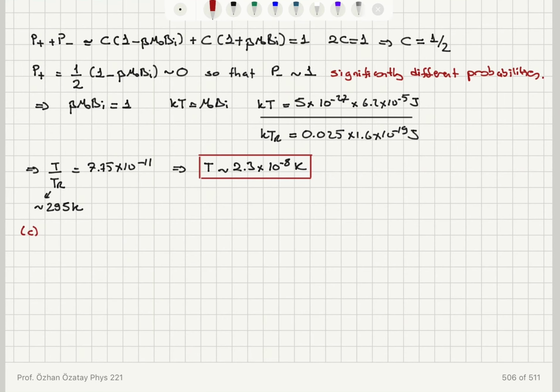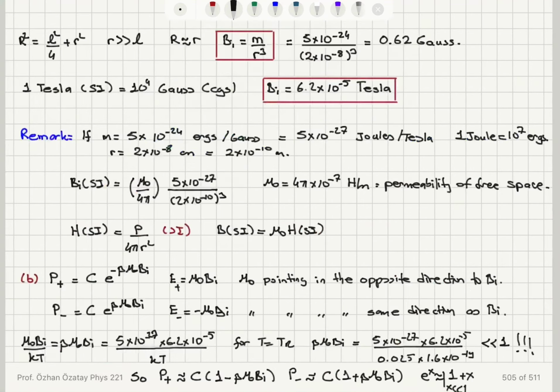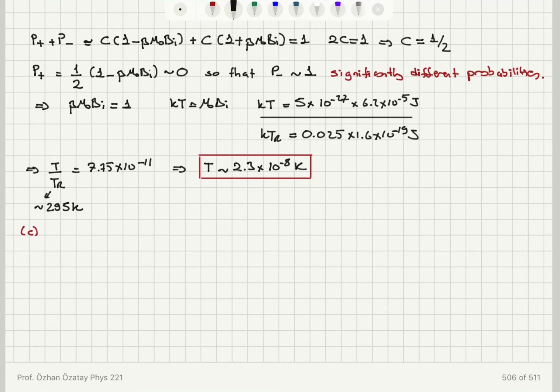That is the conclusion. So part C: estimate numerically the magnitude of the absolute temperature below which an appreciably non-random orientation might be expected. So how do I interpret appreciably non-random? Well, if it's a random orientation, the probabilities would be 1/2.